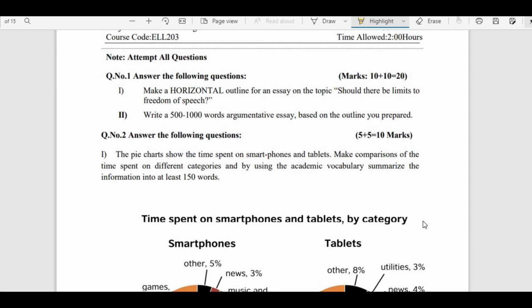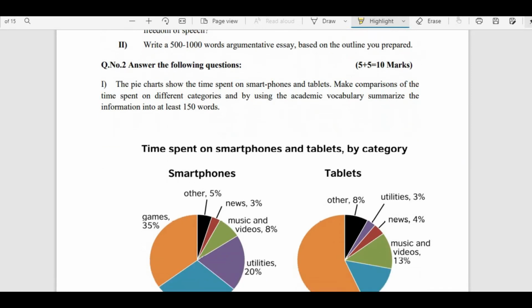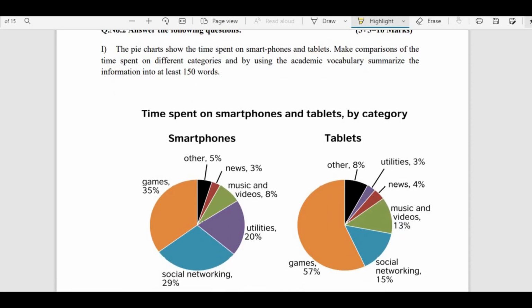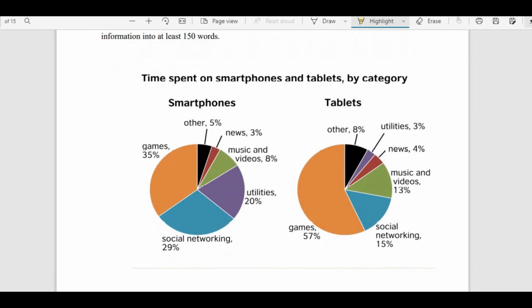And question number 2 is, this pie chart shows the time spent on smartphones and tablets, and make a comparison of time spent on different categories, using academic vocabulary, summarizing this in 150 words. Okay, so you have to compare this pie chart on smartphones and tablets and write a paragraph using academic style.